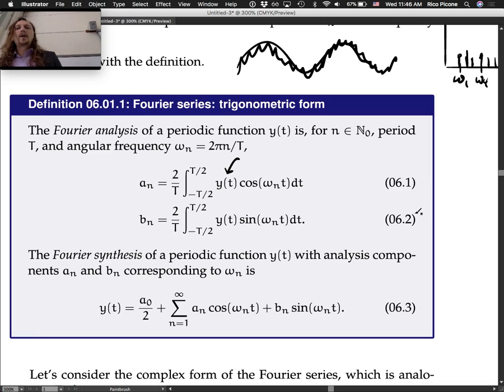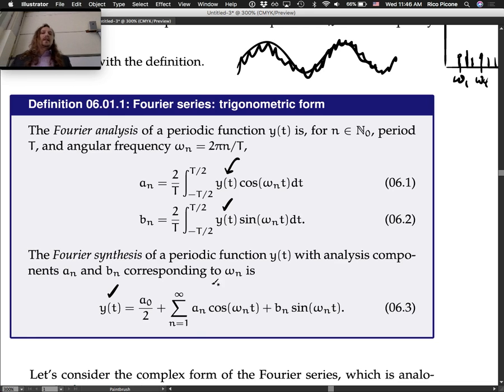In 6.1 and 6.2 we're doing the analysis, and in the synthesis we're kind of undoing the analysis. We're recomposing, reconstituting the original function, right? y is here and y is in here. In the one we're decomposing it, so this is sometimes called a decomposition as well in Fourier analysis. And then in 6.3, with the synthesis, we're composing it again. We're reconstituting the function. Okay?